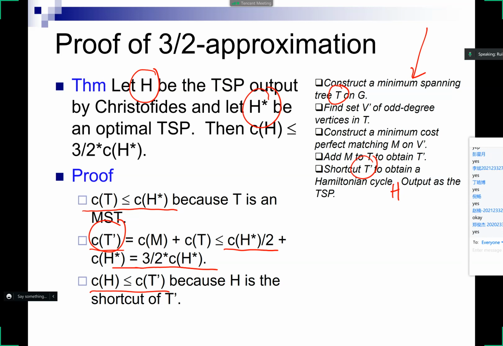I don't know that algorithm. It's actually very complicated. But I think the basic idea for that algorithm is still to follow the plan of Christofides, which is to start with an MST and then add something to the MST. Here we added this minimum cost perfect matching, and this 1.499 approximation adds something else. That something else is somehow slightly cheaper than the minimum cost perfect matching.